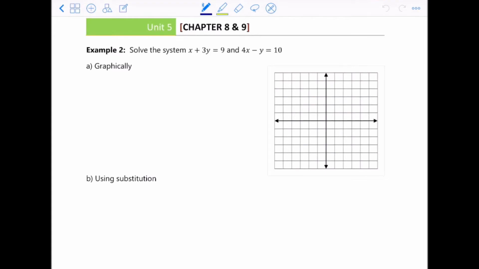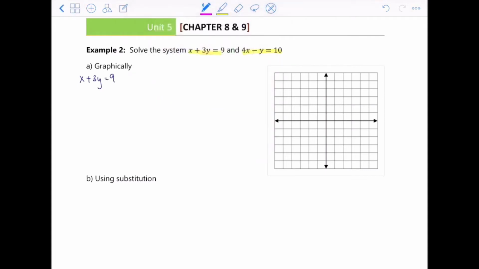For example 2, solve the system of 2 given equations. Okay, so we'll solve it graphically first. We first need to write these 2 equations into y equals mx plus b form, which is slope-intercept form. So let's rewrite that. x plus 3y equals 9.